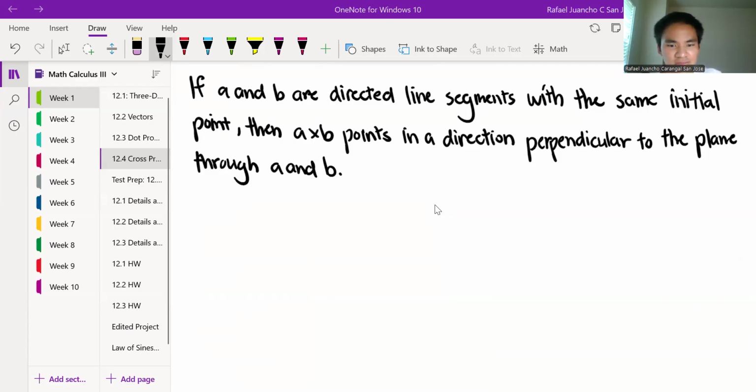How does that look? Well, I'm going to put the screenshot of the picture. So here's a screenshot.